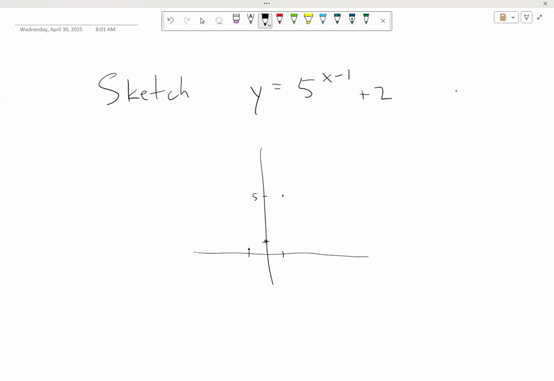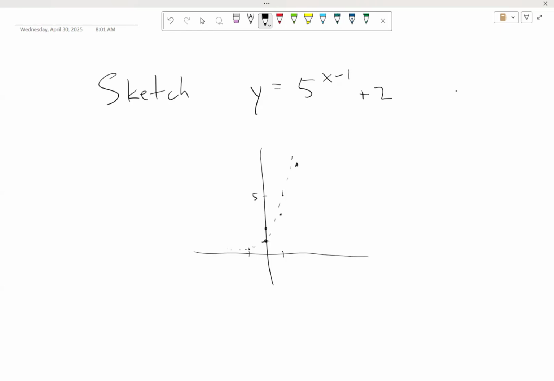So that is the parent function. And then this is going to be moved 1 to the right and 2 up. So we just take those 3 points and move them 1 to the right and 2 up. I'm just approximating here because I don't actually have a grid.